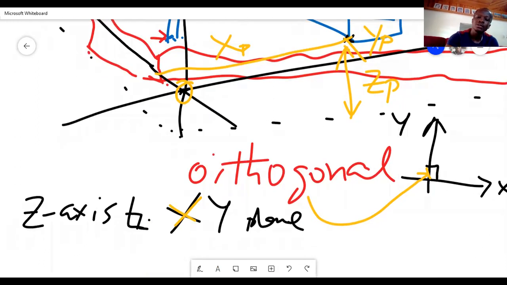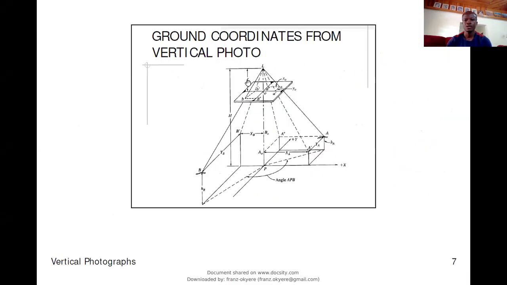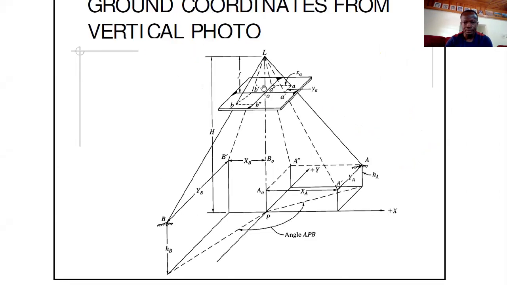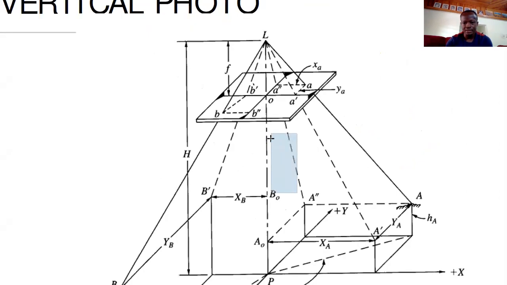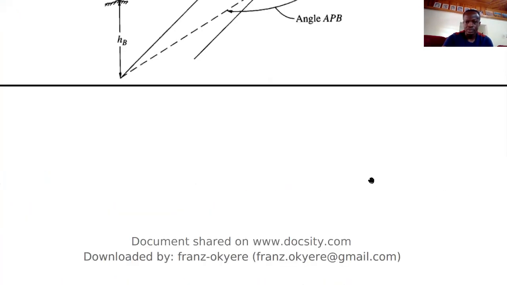The reason I'm doing all this is because if you go back to the diagram, we're looking at ground coordinates. Now in this diagram, you can definitely see the XY axis. Let's go back to it.